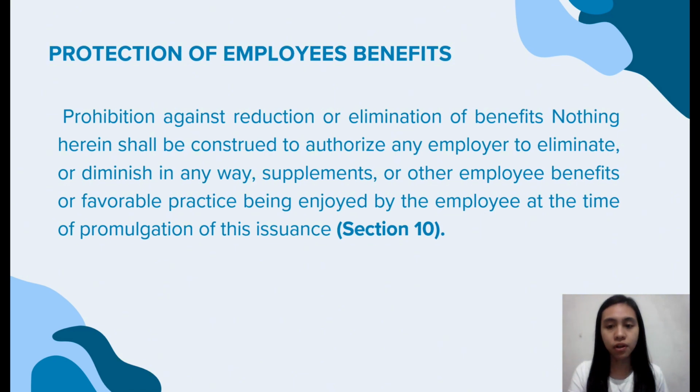In other words, the law is designed to protect current benefits that employees enjoy. It ensures that employers don't use the new rules as a reason to cut back on what they already offer to their workers. So if an employee is getting perks or benefits at work when this law is put into place, the employer must continue to provide those without reduction.